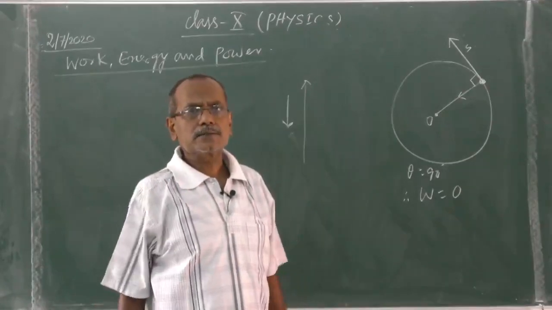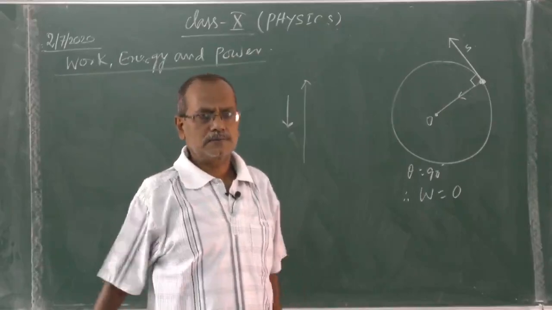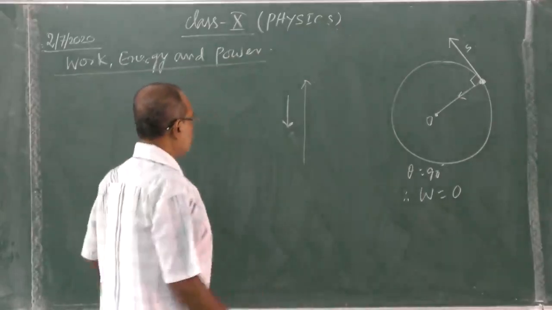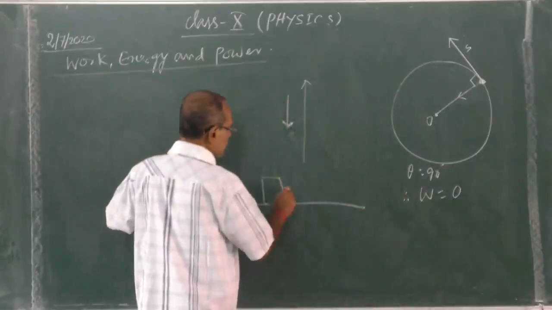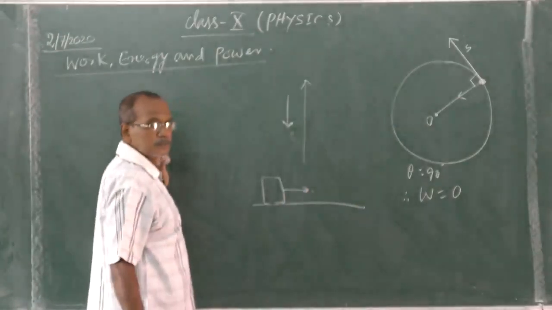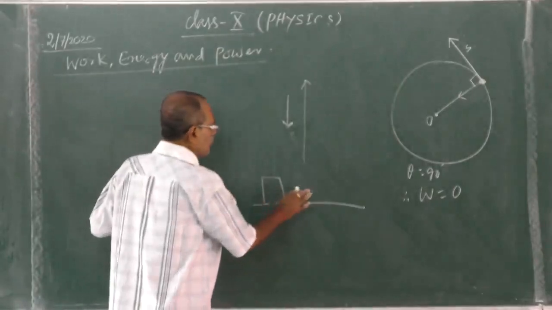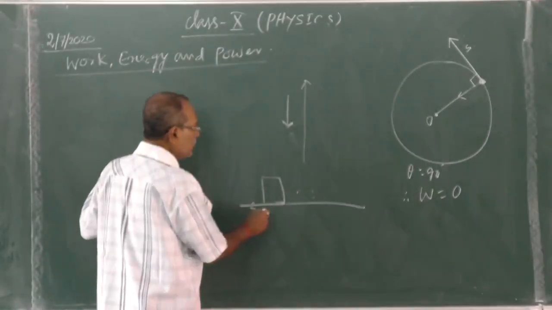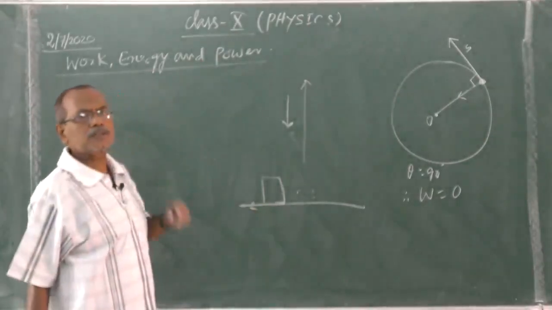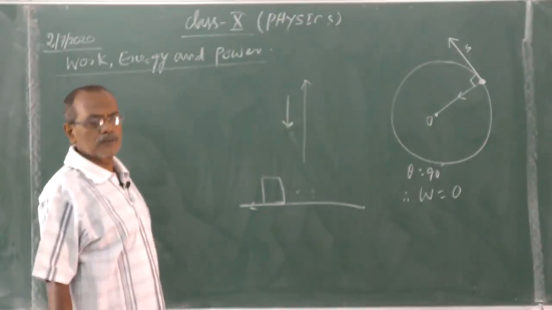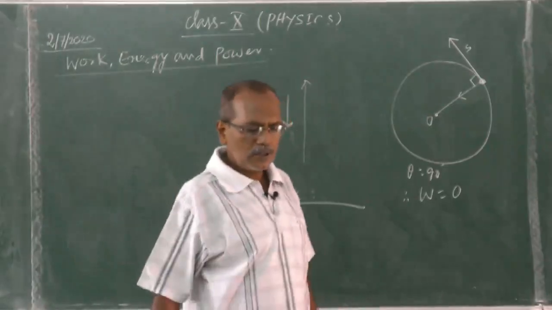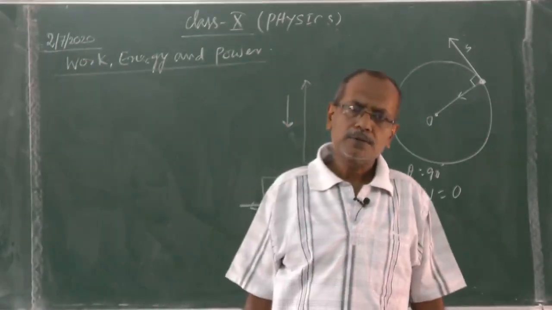Another case, when we are walking, then what happens? Say a body is moving on a surface. The applied force is in this direction, no problem. But the frictional force will be what? Opposite to the direction of the motion of the body.